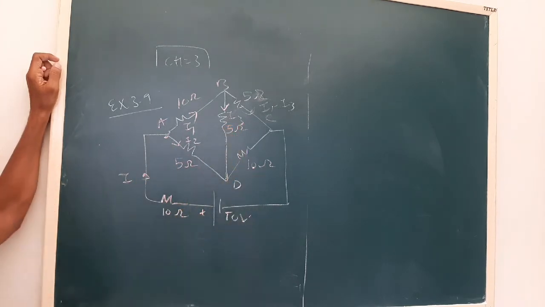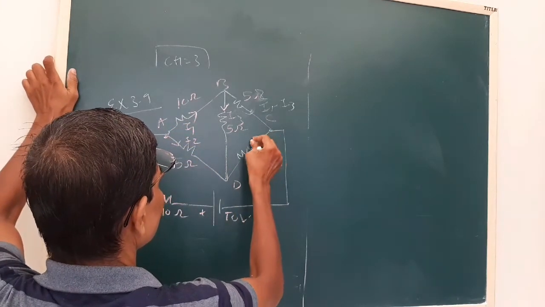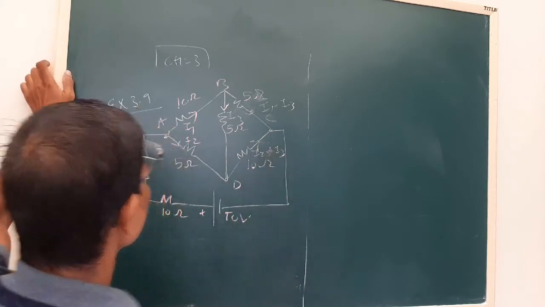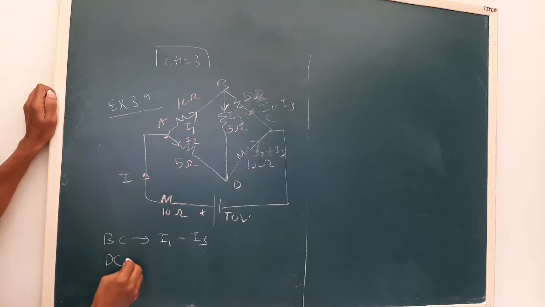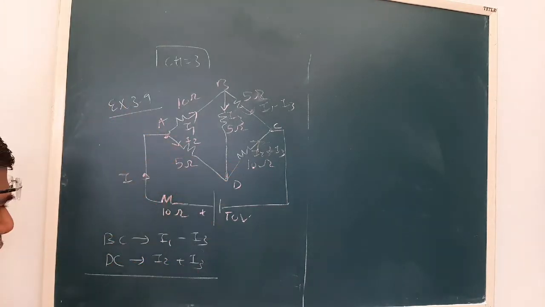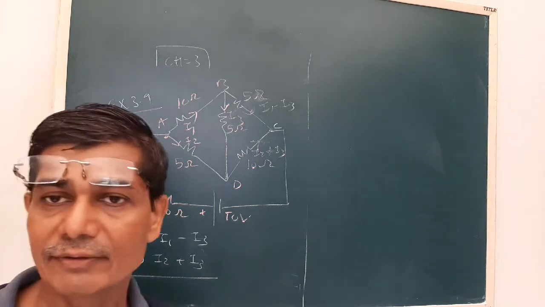I2 and I3 will meet at D, so in the CD branch the current is I2 plus I3. Now at point C, the currents in BC and DC meet. If I add, minus I3 and I3 get cancelled, and I1 plus I2 is the total current I. So this is how we can tally.